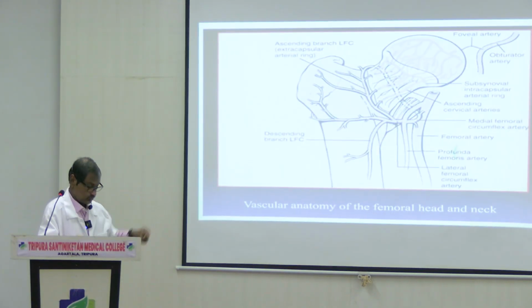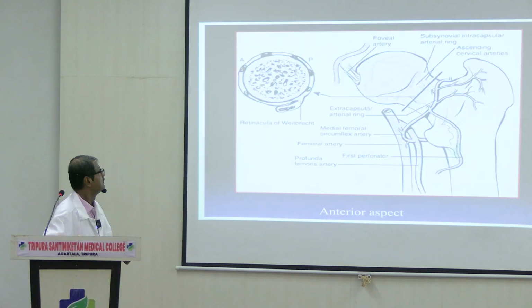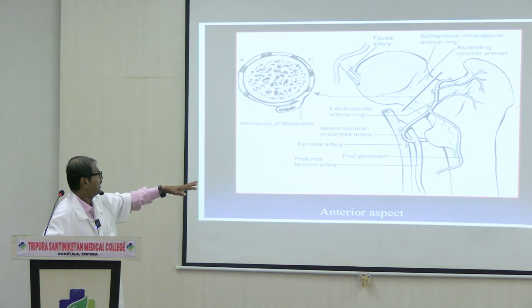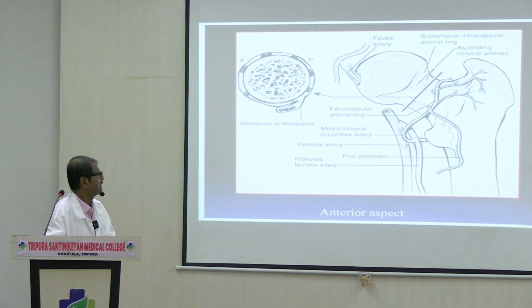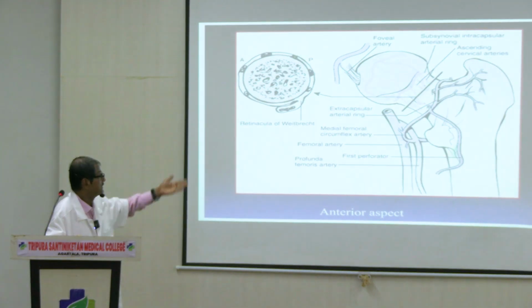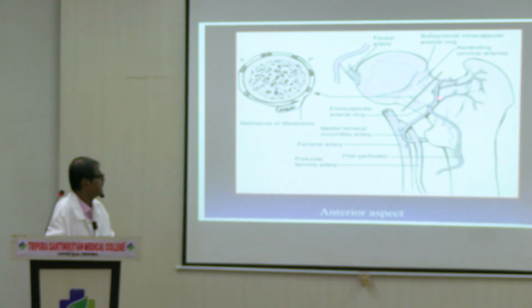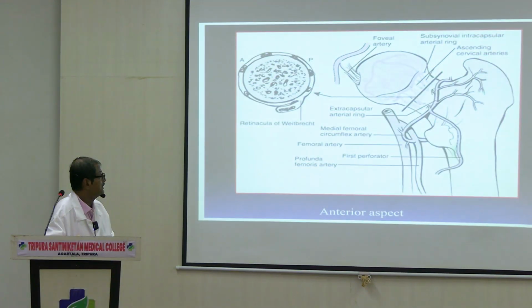So, next slide. This is another way, where I am showing this. This is the extracapsular arterial ring, and from there, the medial circumflex femoral artery goes.